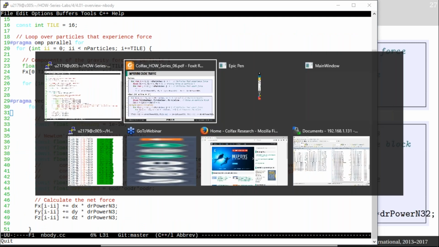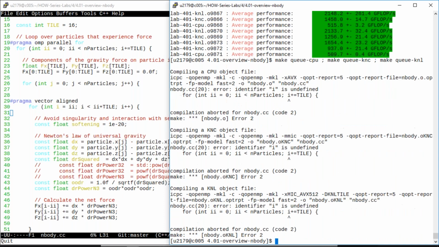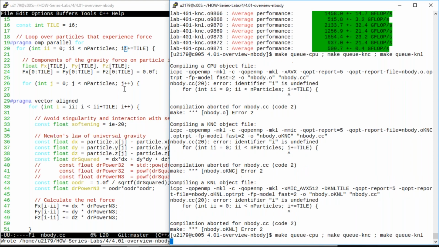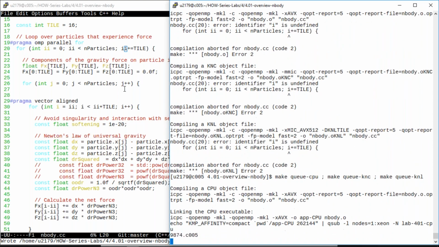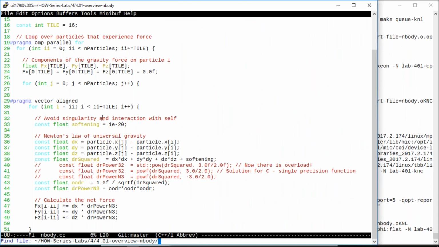And again, I will revisit loop tiling in session 10. Oof, doesn't compile. It doesn't compile because I forgot II here. Okay, now it compiles. And let's see what performance looks like.